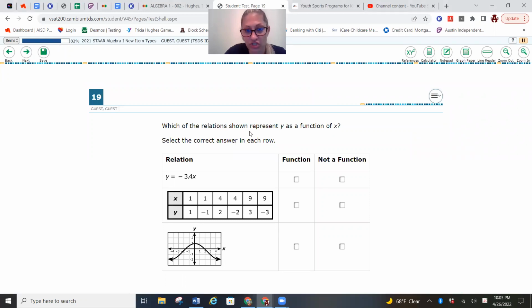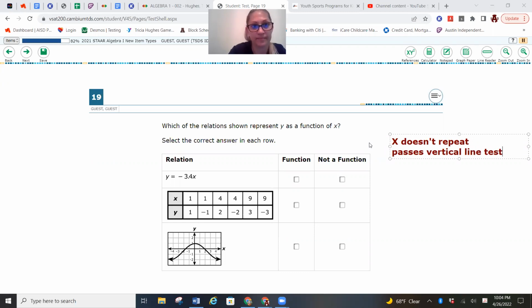Which of the relations represent y as a function of x? Remember, on functions, x doesn't repeat. And it passes the vertical line test.